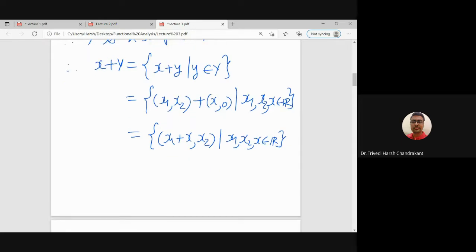So what is this set? If X is 0, then what do we get? We get Y. Is it correct? If X is 0, what do we get?